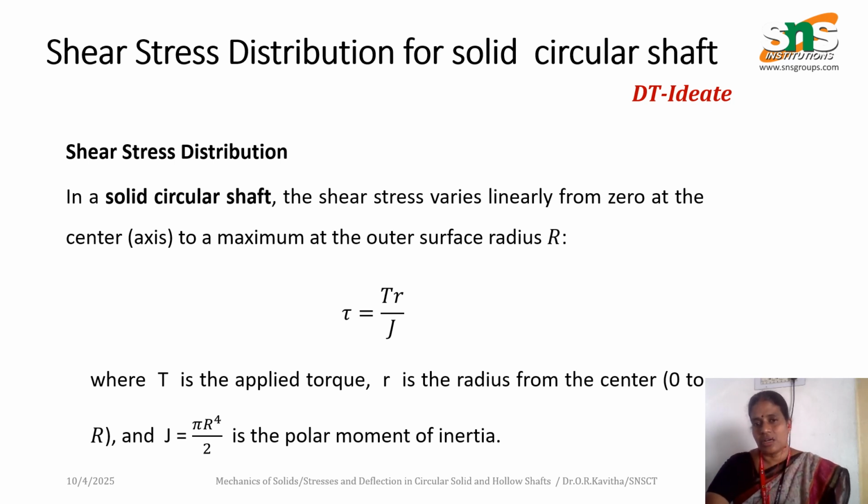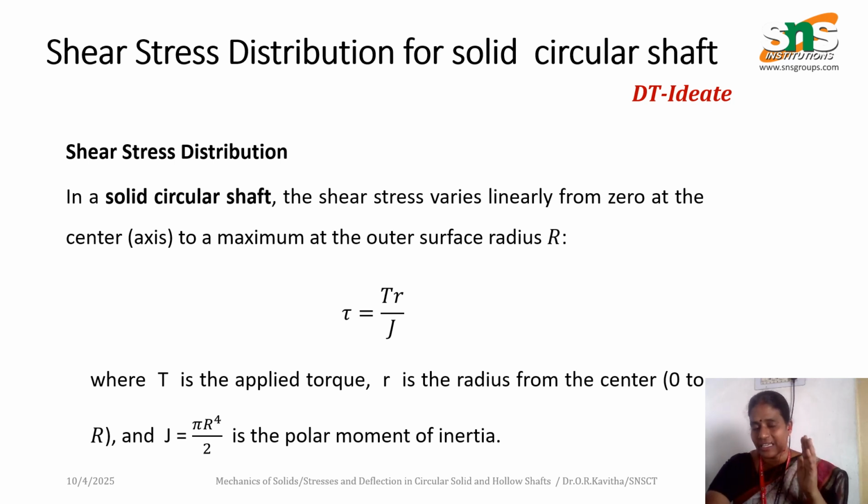And the next one, we will see the formula for calculating the shear stress distribution for the solid circular shaft. Here the stress is nothing but force by area, and the force is nothing but the torque.